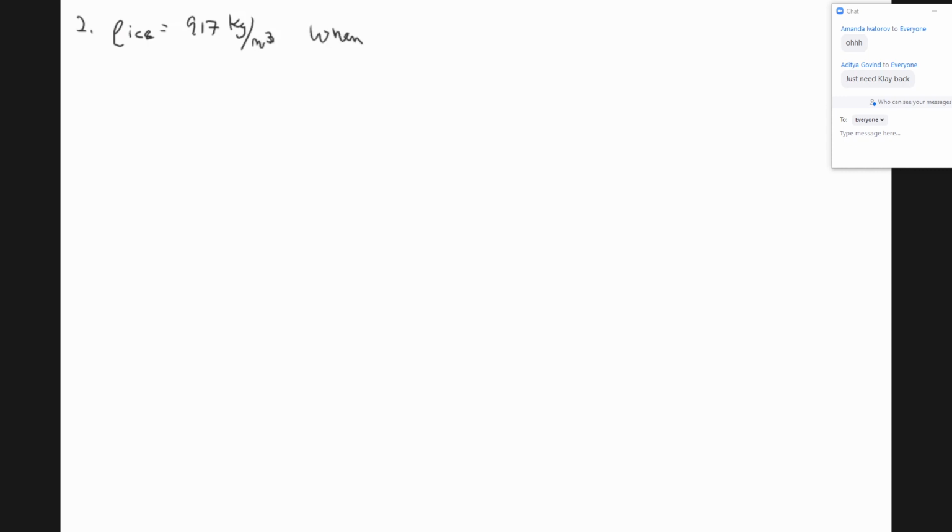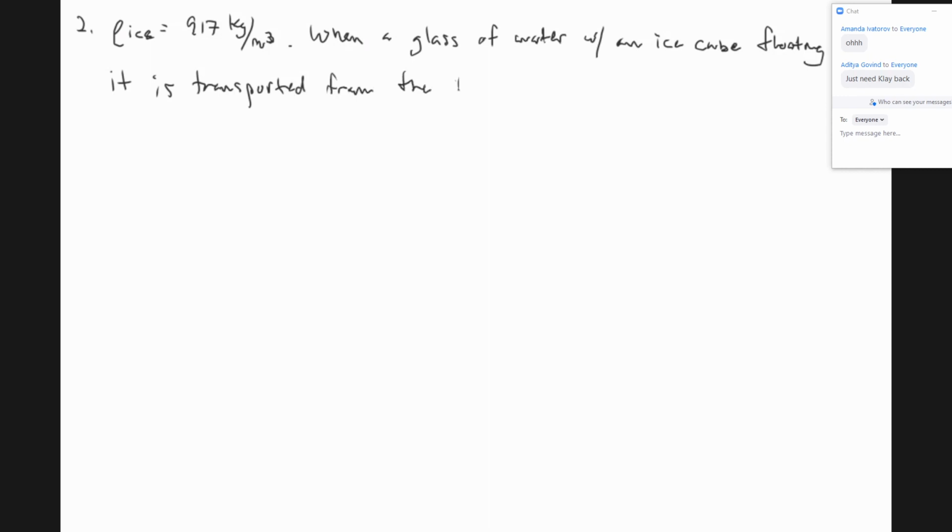So when a glass of water with an ice cube floating in it is transported from the Earth to the moon, the ice cube will do which of the following?